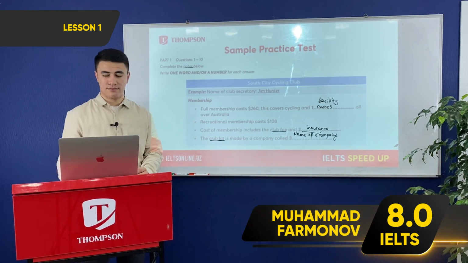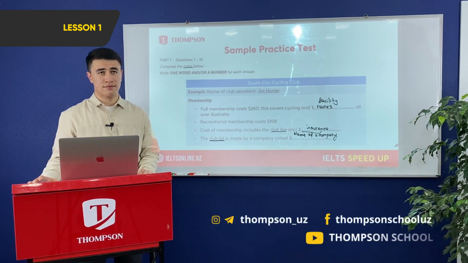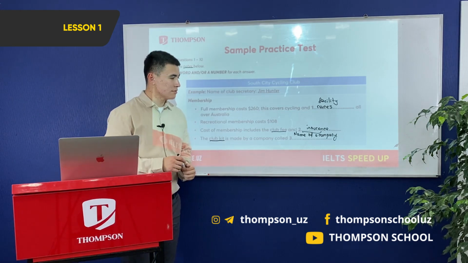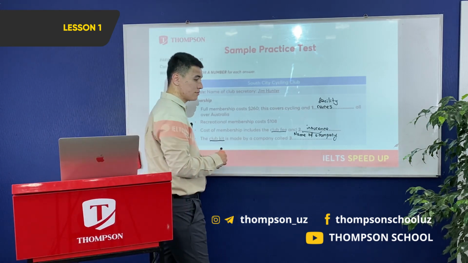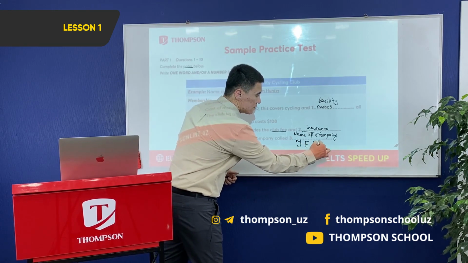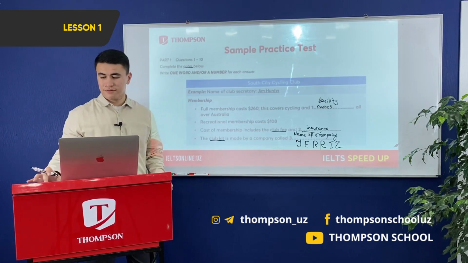Yes, I've seen cyclists wearing it. So can I buy that at the club? No, it's made to order by a company in Brisbane. You can find them online. They're called Jerry's. That's Jerriz. You can use your membership number to put in an order.